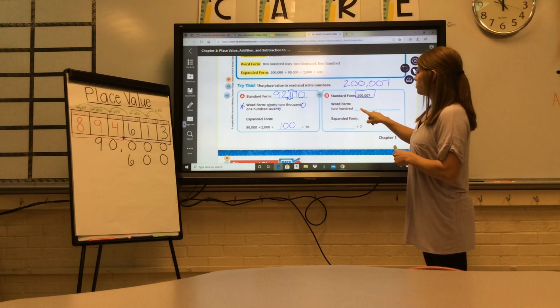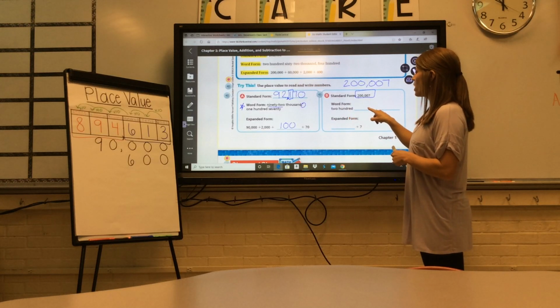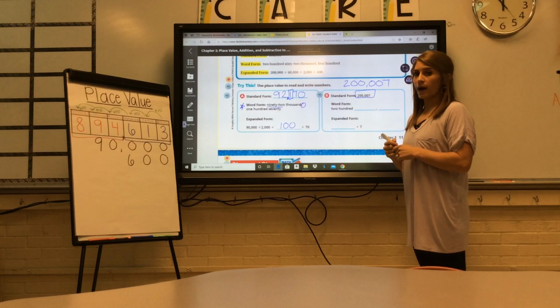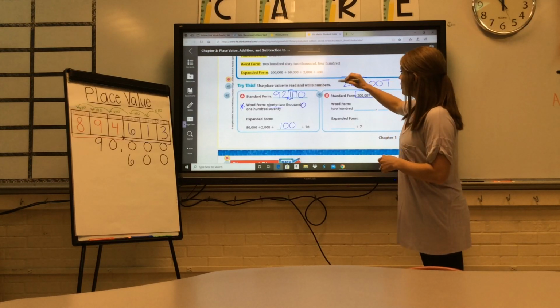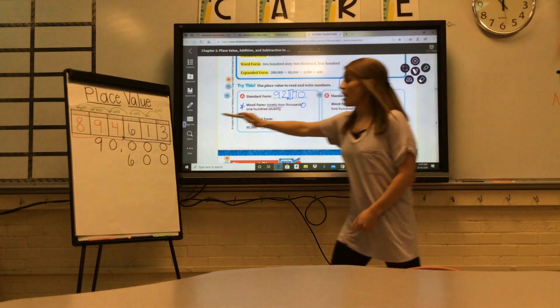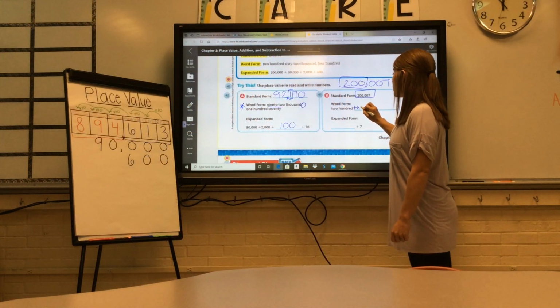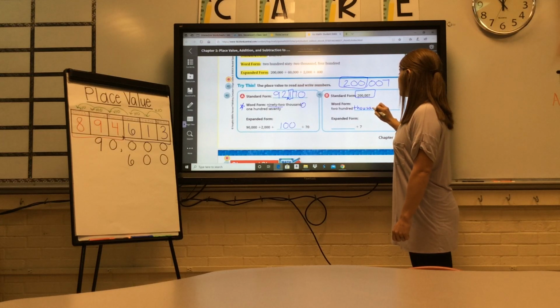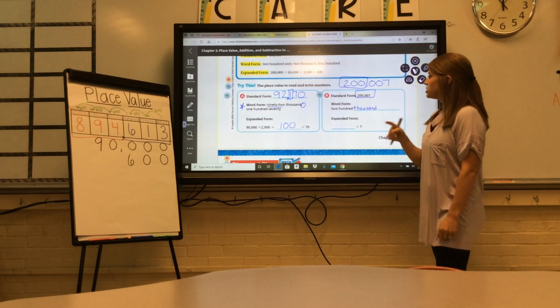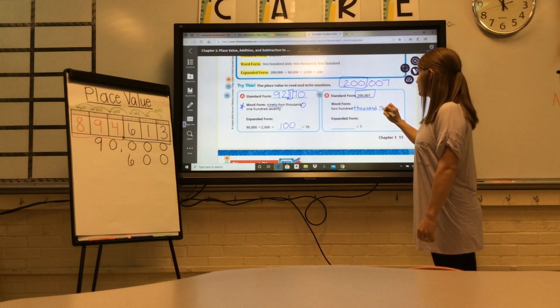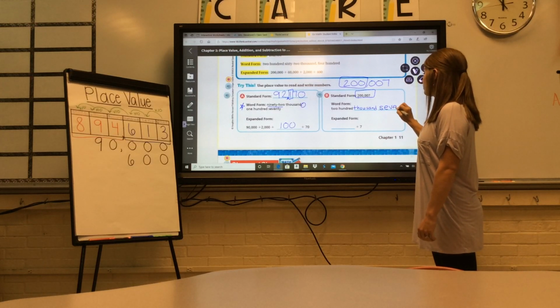What would go in this blank right here? 200 what? Right, 1,000. That 200 is in that thousands period. So 200,000. And then what's left? Right, 7. And that's what we would put right there.